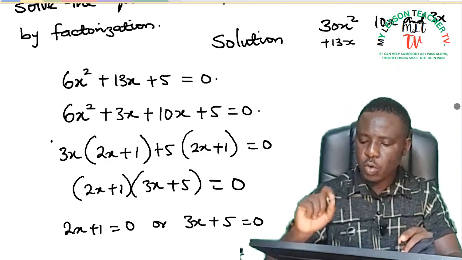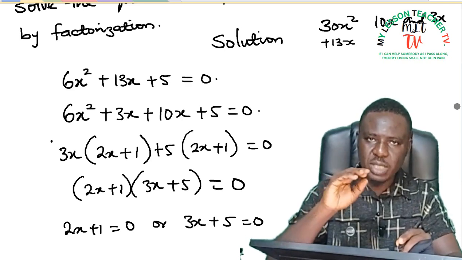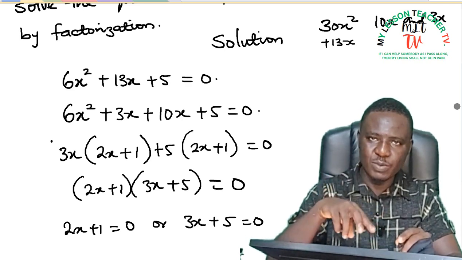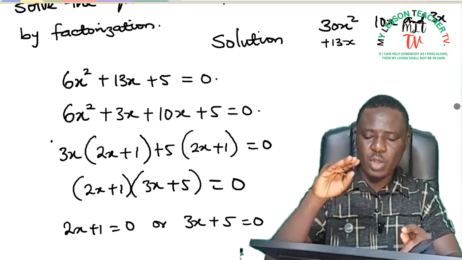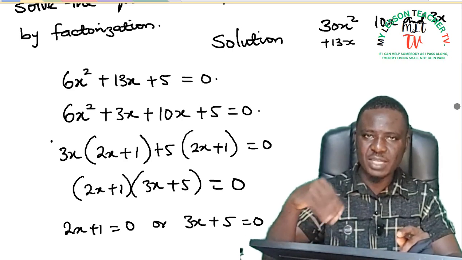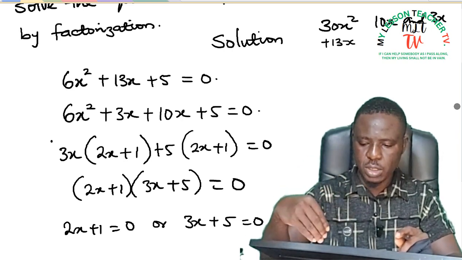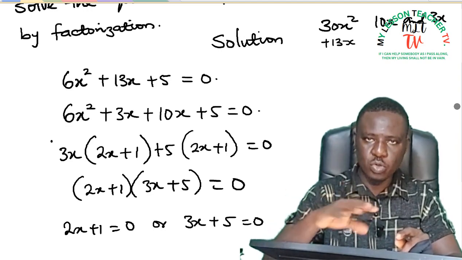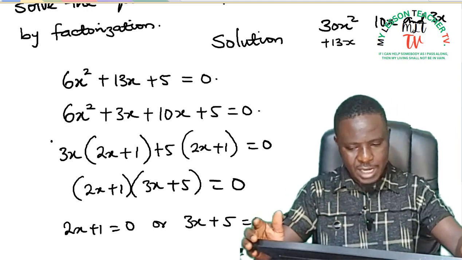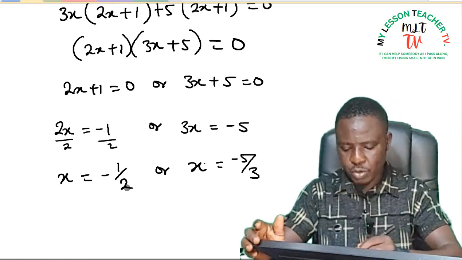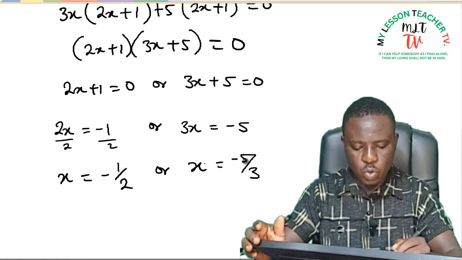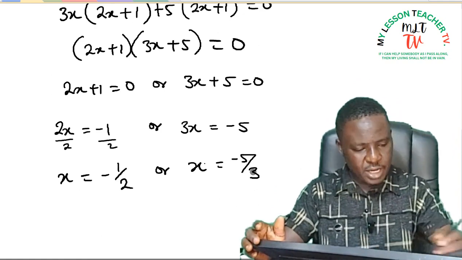I'll come again. The root of a quadratic equation is said to be those terms, most especially there are two, that when you substitute them as values of x in that equation, it makes that equation equal to 0. So in this case, we have x equal to minus half or x equal to minus 5 over 3.